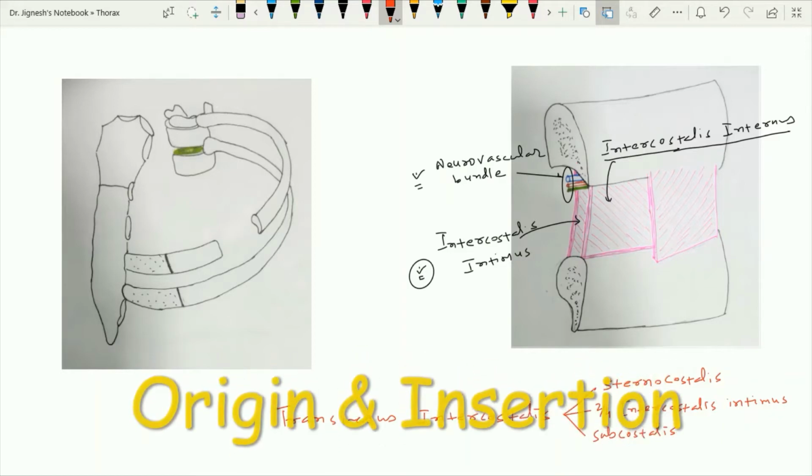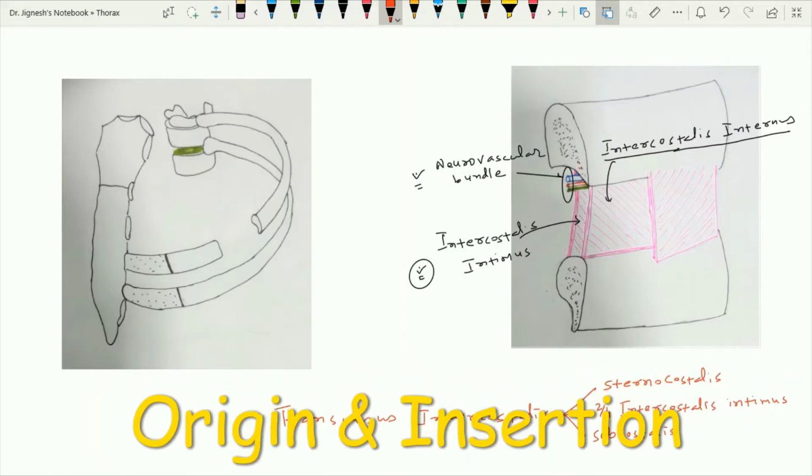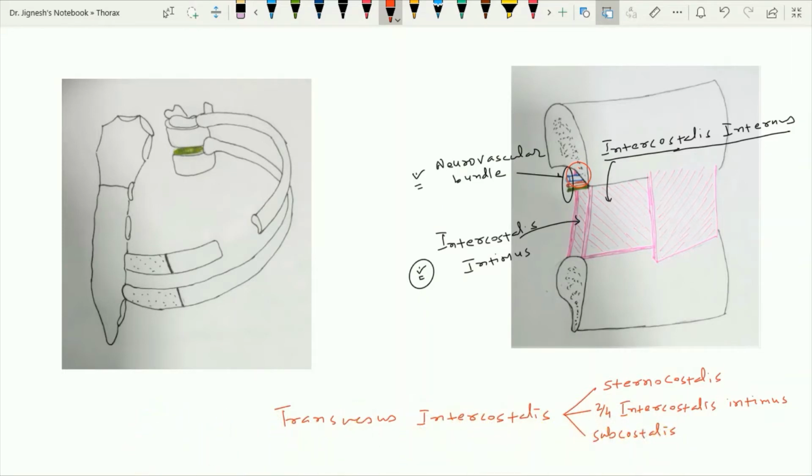When we see the origin of this intercostalis intimus muscle, it arises from somewhere here, that is from the upper lip of the costal groove of the rib above and is inserted into the inner lip of the upper border of the rib below.